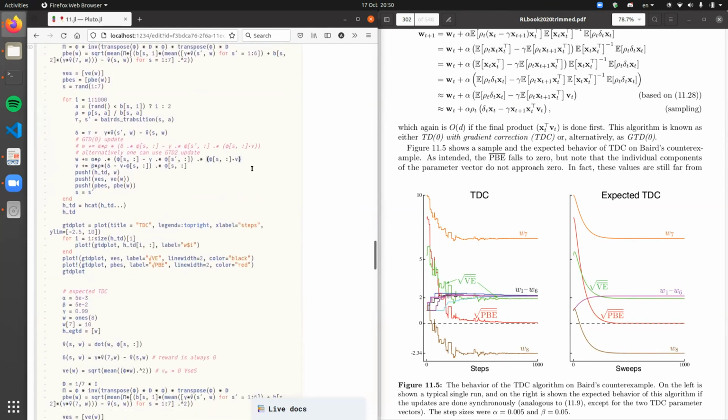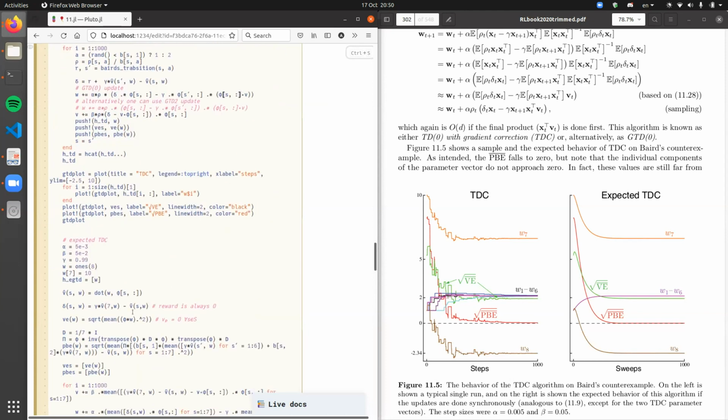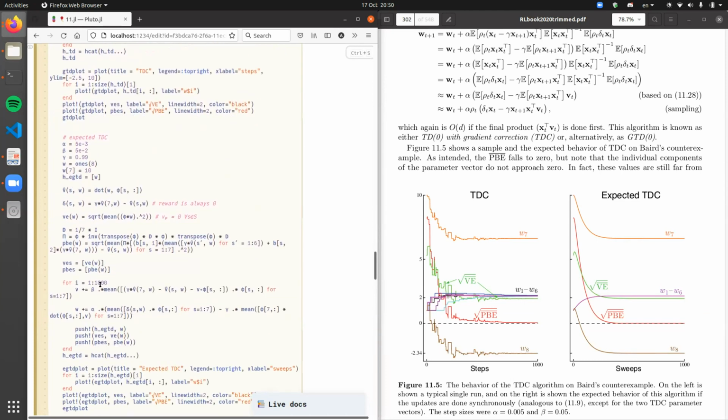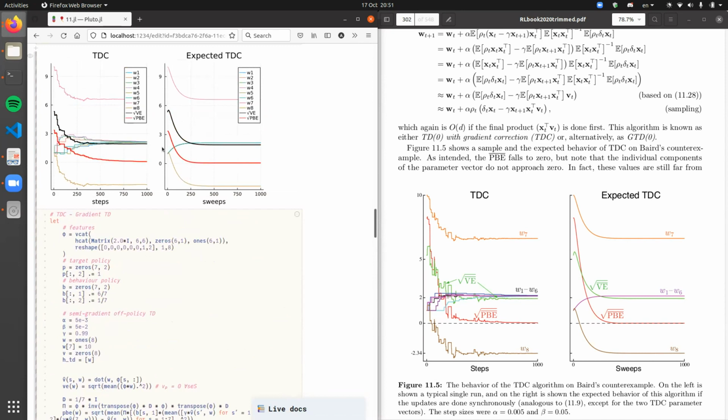Also, I was trying to run it for longer. Let's say instead of 1,000 sweeps, we can do 100,000 sweeps. It will take quite some time, but if I remember it right, it did not improve much. You can see that there's virtually no improvement here.